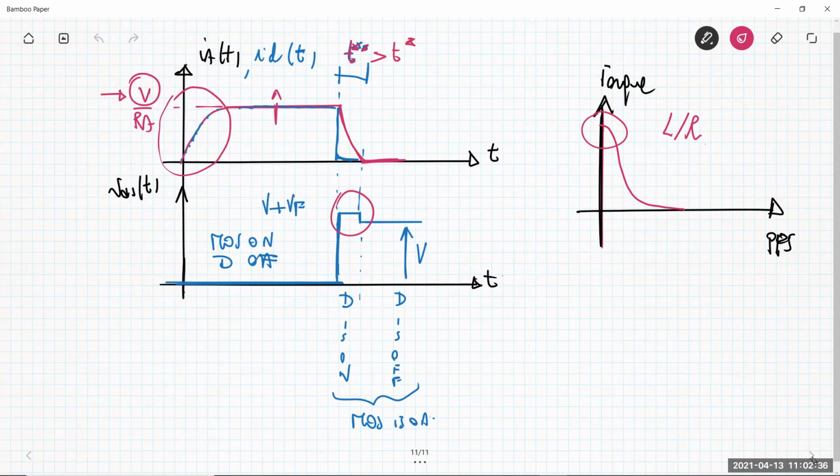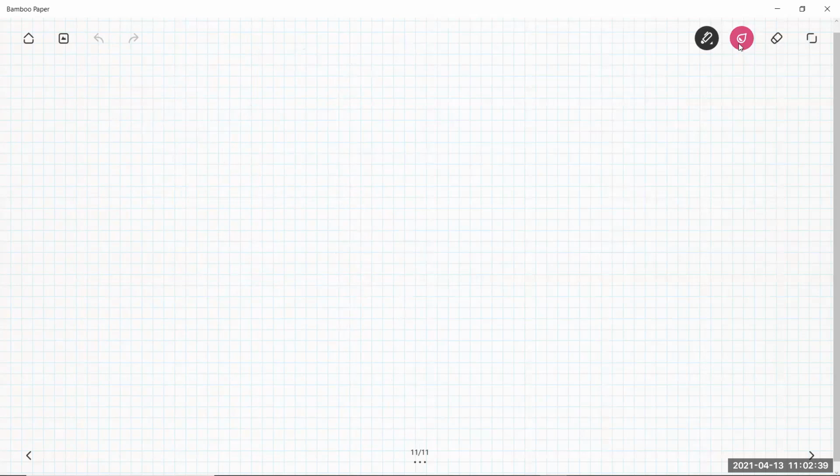So let me just introduce the R over L driver. Up to now we discussed the L over R. The R over L drivers are sometimes called constant current drivers.